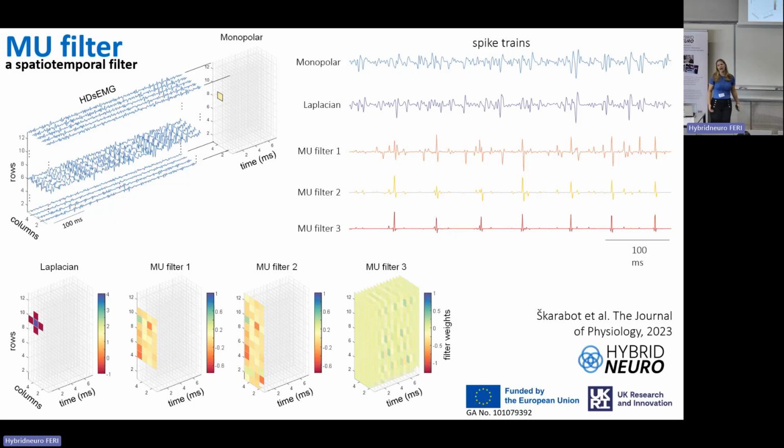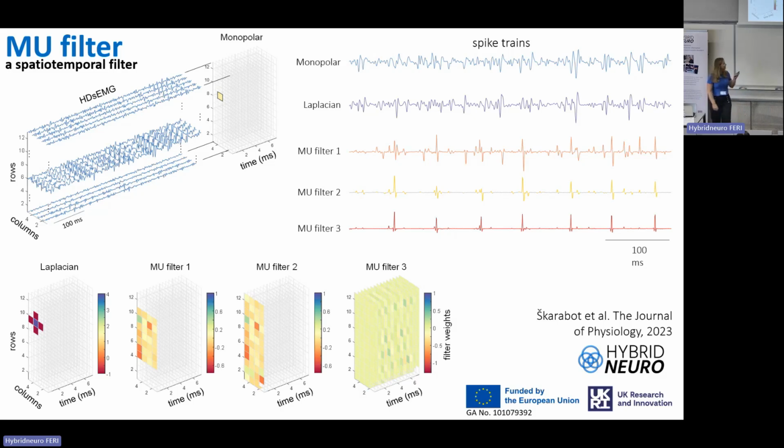What we can add at this moment is delayed versions or delayed repetitions of every channel, which is visualized here. If we add together spatial and temporal components for the motor unit filter, we get the spike train as visualized here. And with that spike train, we are finally satisfied.